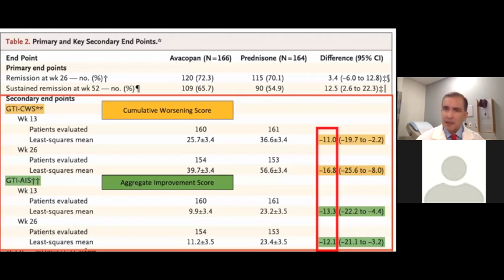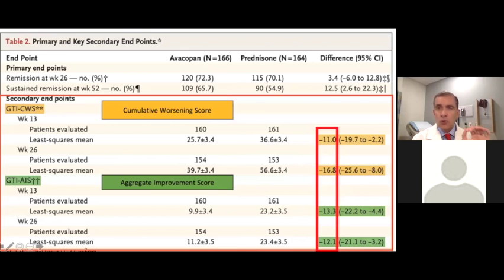And in the Avacopan group, this is how they reported their data in table 2. Again, the GTI was used as the most important secondary endpoint for efficacy, not just safety, but also efficacy. Cumulative worsening score and the aggregate improvement score are shown here with results at both 13 weeks and at 26 weeks for both scores.